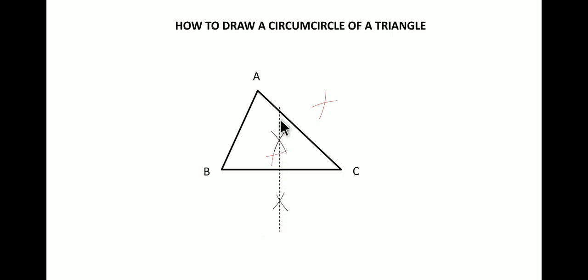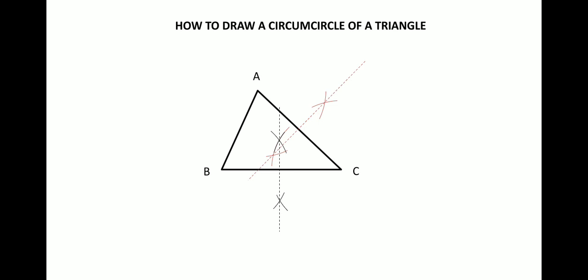The black one was used for the points of intersection of line segment BC. The red one I have used so that you can easily see the points of intersection for the bisection of line segment AC. Now join this point and this point with the help of a dotted line like this.